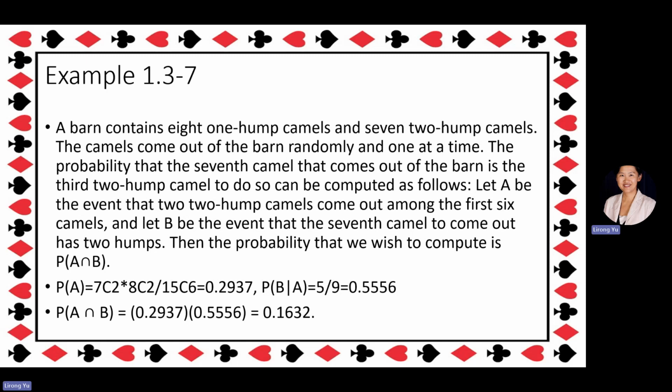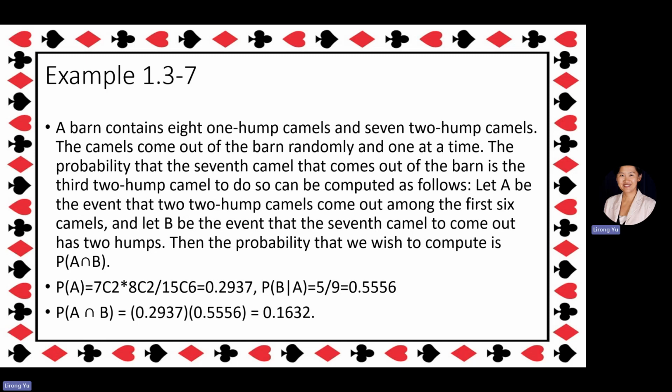A says that the two-hump camels are in the first 6 camels. So how many two-hump camels are in there? We have 7 two-hump camels, and we're assuming 2 of them are already out, so that this is the third one. So 7 minus 2 is 5.